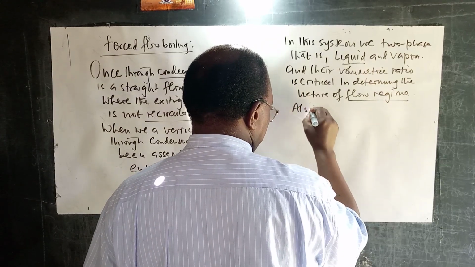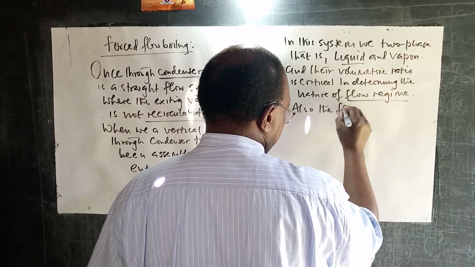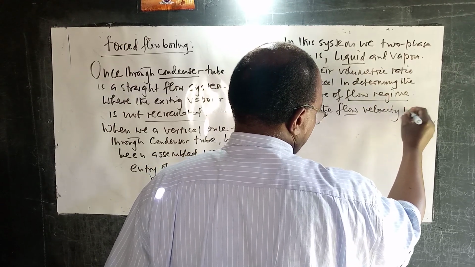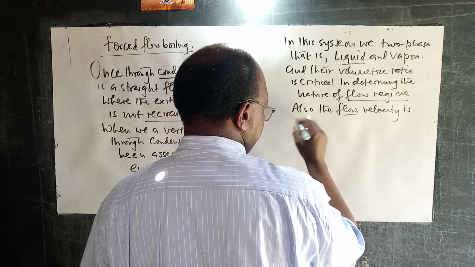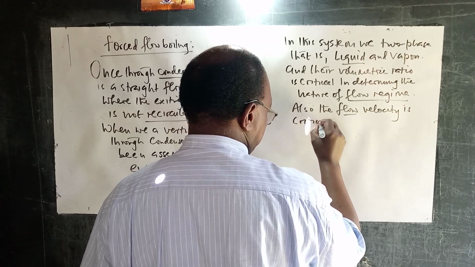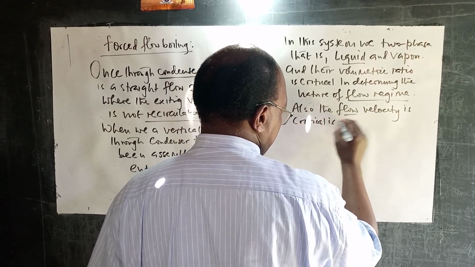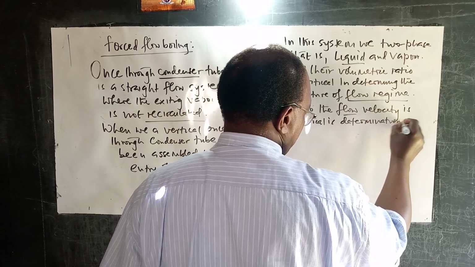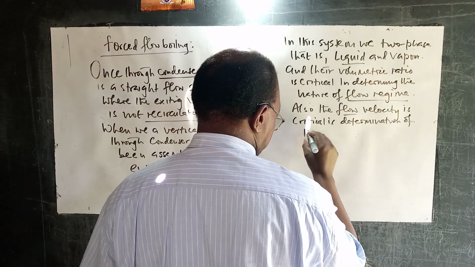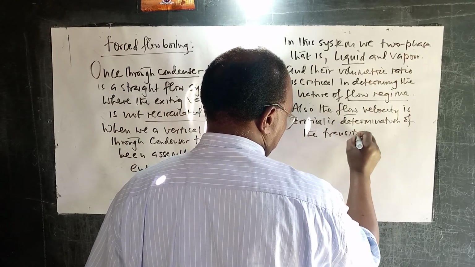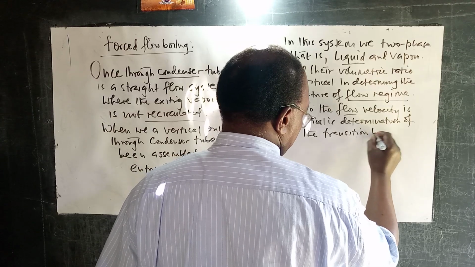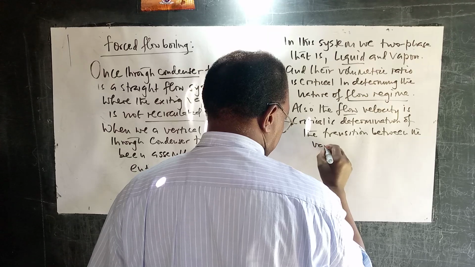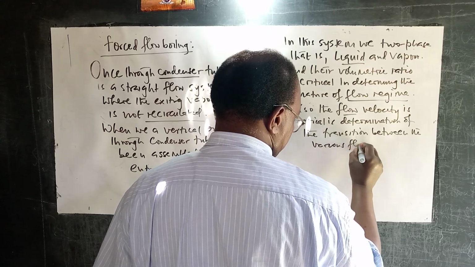Also, the flow velocity is critical in determination of the transitions between the various flow regimes.